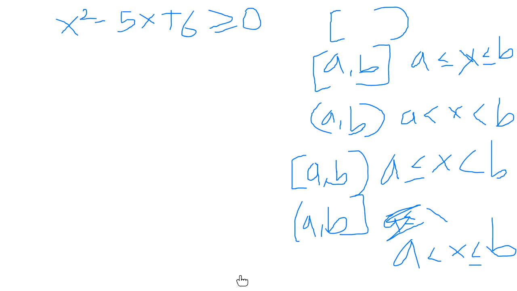Then let's come to what I was talking about. Let's start with what you know. If we have x squared minus 5x plus 6 greater than or equal to 0, like this, the meaning is very simple.